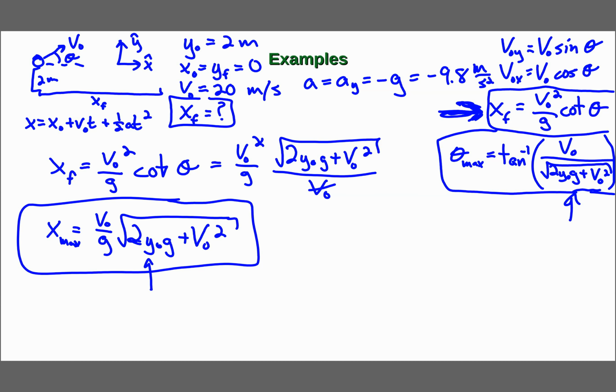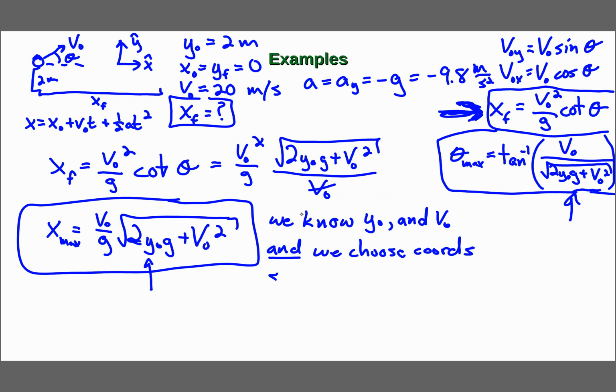And this one is true, again, when we know y naught and v naught, and we choose coordinates so that x naught equals y final equals 0. Okay? So that's true of this one and of this one.